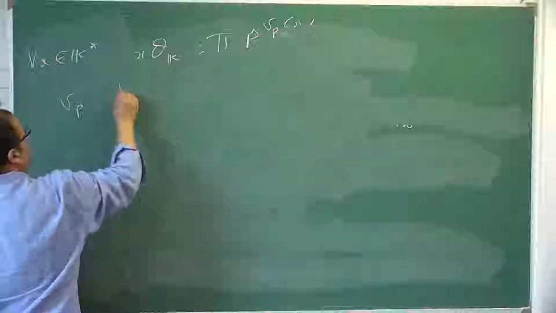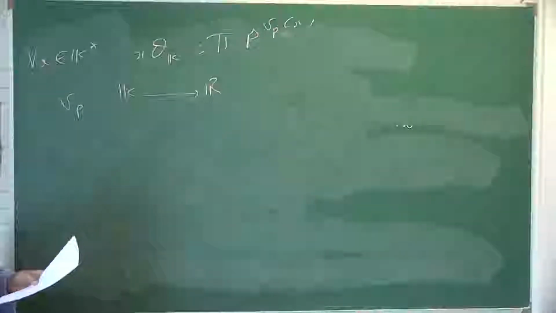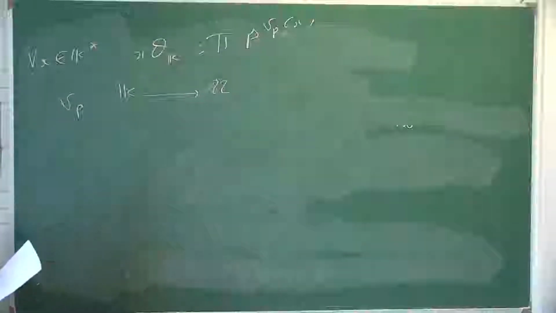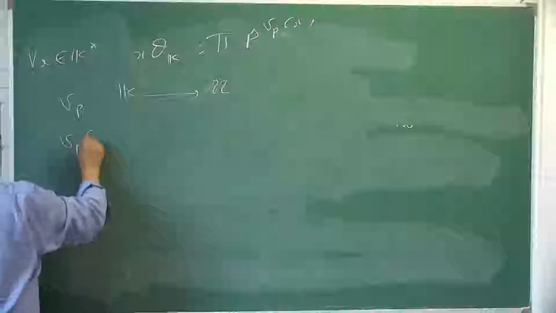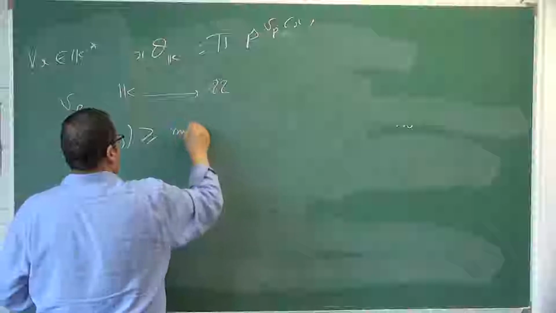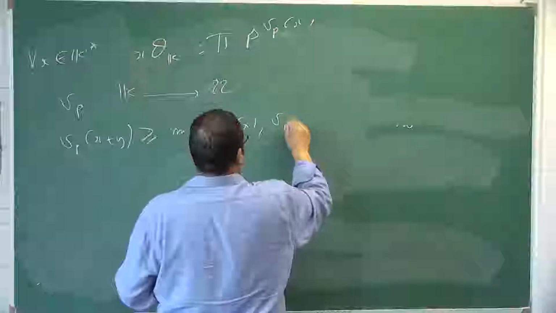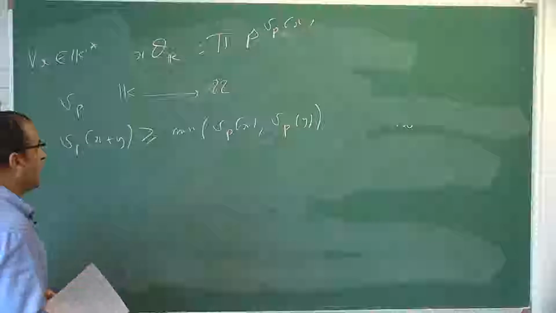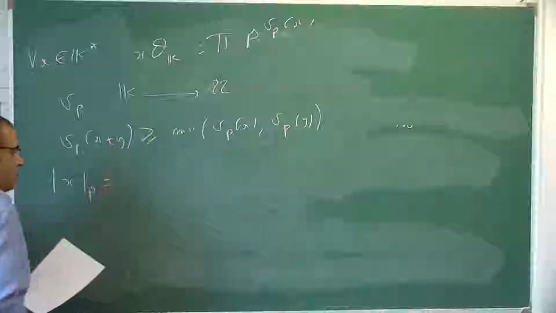For P, this defines a function from K to Z. This is the valuation, and this valuation satisfies the following inequality. You can verify by hand that we have absolute values.